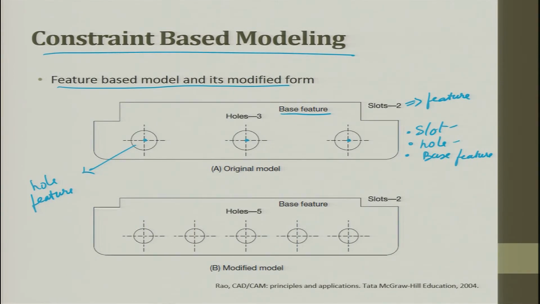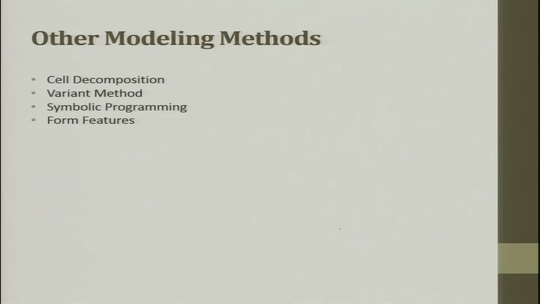So now when I say hole as a feature, when I draw the CAD for the CAM, it is easy to bring in all the manufacturing processes attached and allied to it. In this case, we have distinguished different features and linked these features to the manufacturing process.